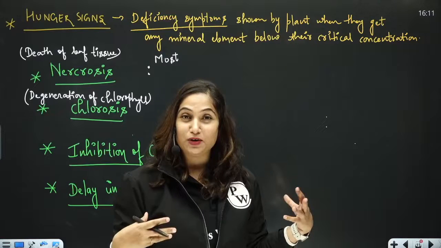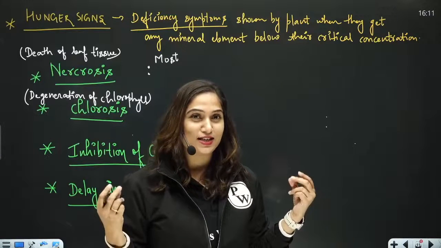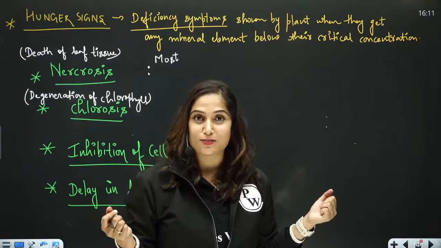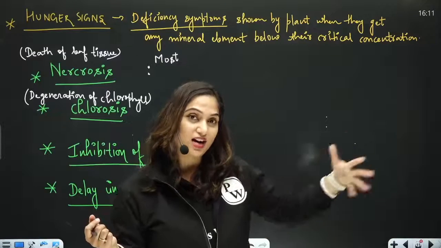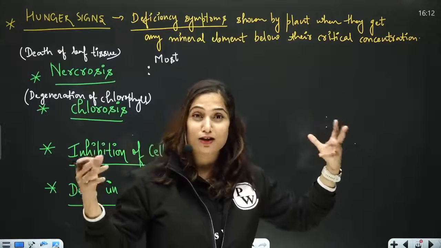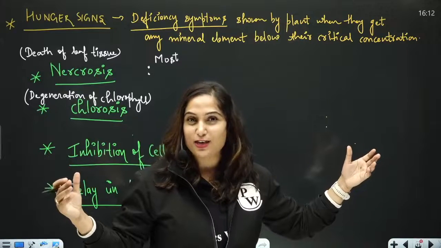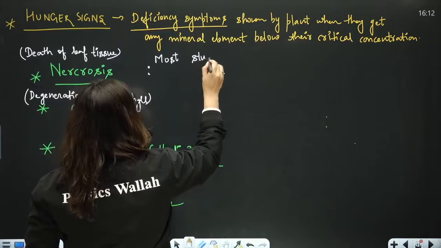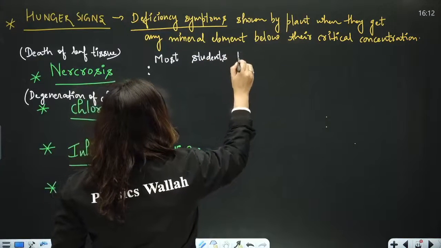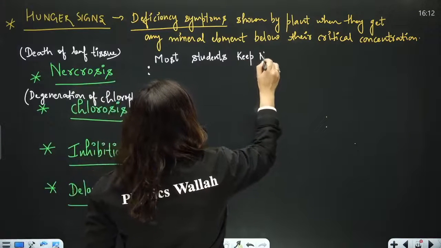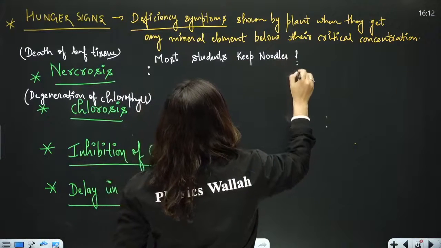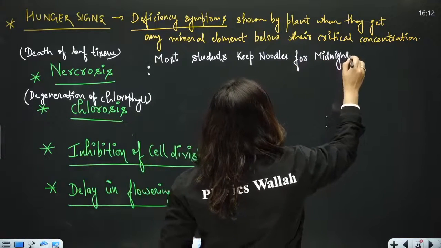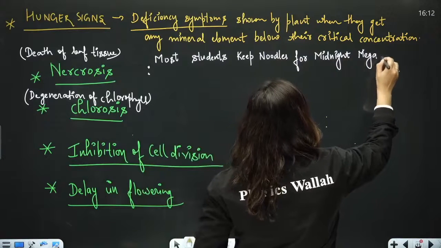When we get hungry, there is only one instant thing which we can make and eat, and that is noodles, that is Maggie. So when students have to do these mega studies, which means studying for a long period of time, then they keep noodles, right? So most students keep noodles for midnight mega studies.